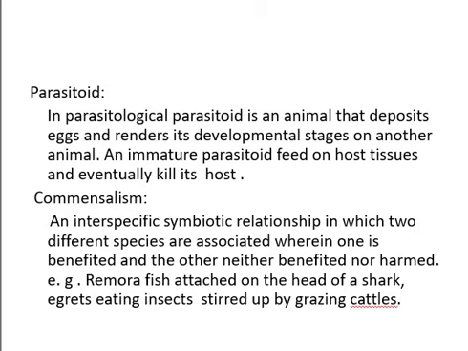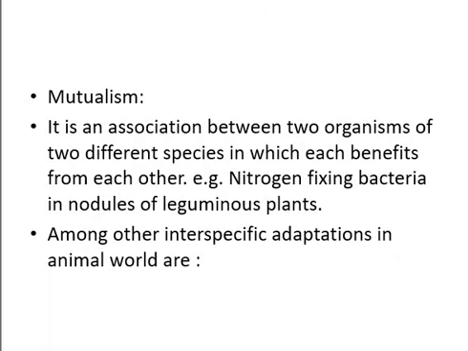Another example of commensalism is egret birds eating insects on the body of grazing cattle. Mutualism is an association between two organisms of different species in which each benefits from the other. For example, nitrogen fixing bacteria in nodules of leguminous plants.